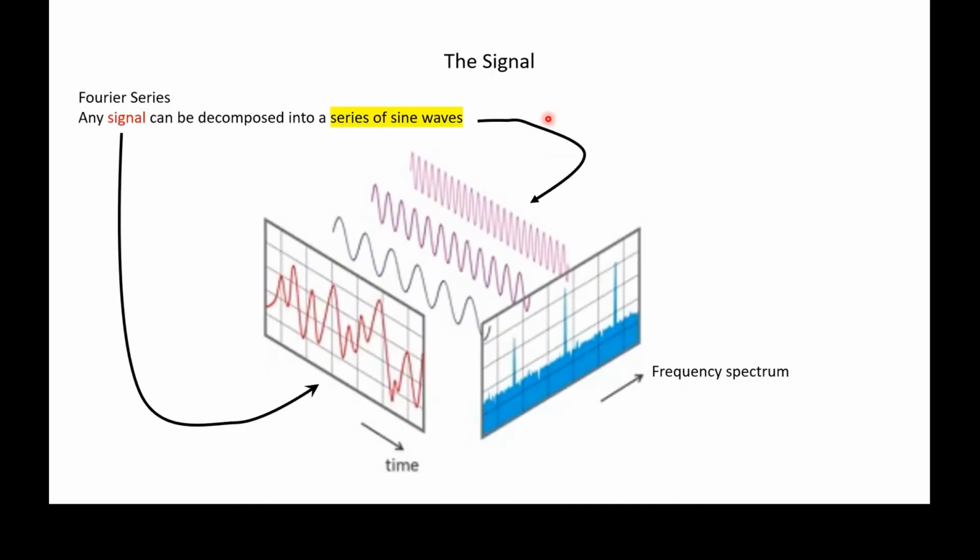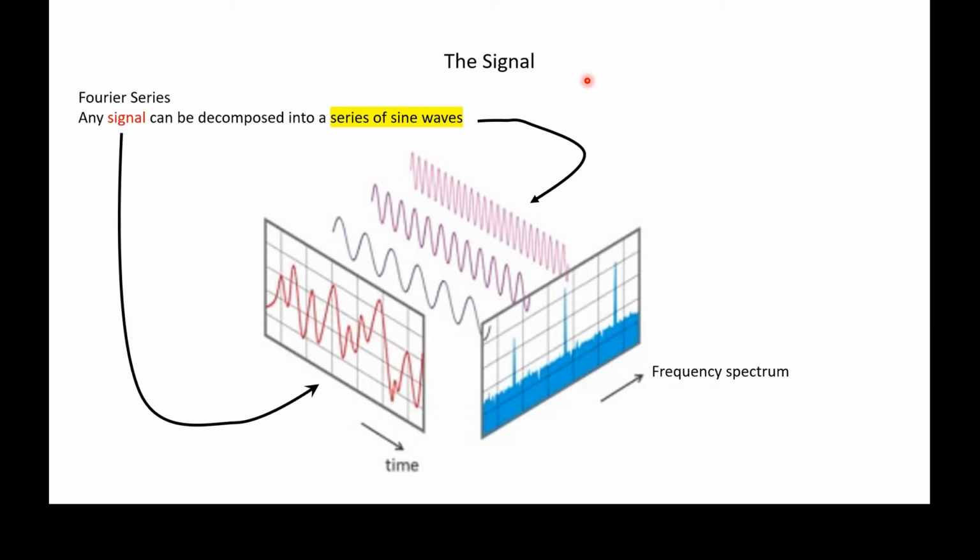So one of the bases of our signal processing these days comes from the idea that Fourier put forward. And he said that any repeating signal, any signal that keeps repeating, we can decompose that into a series of sine waves.